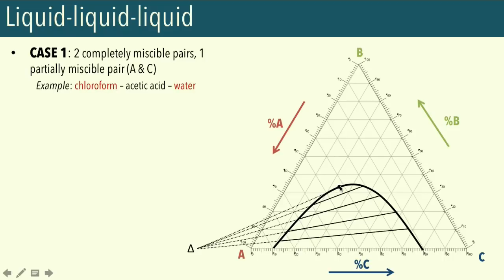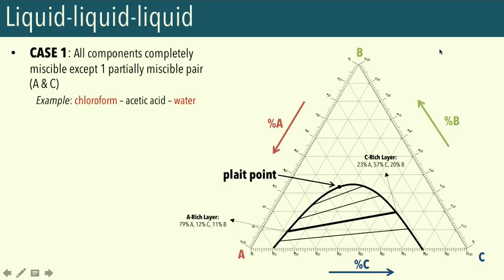Additionally, guys, the position of the plate point could also assist us in determining in which phase our B component is more soluble. Let's recall the compositions of our layers again. The C-rich layer has more B, whereas the A-rich layer has less B. That means B is preferentially distributed more towards the C-rich layer.